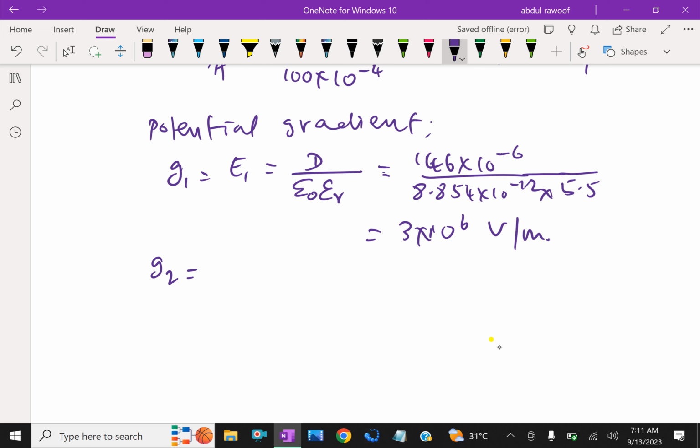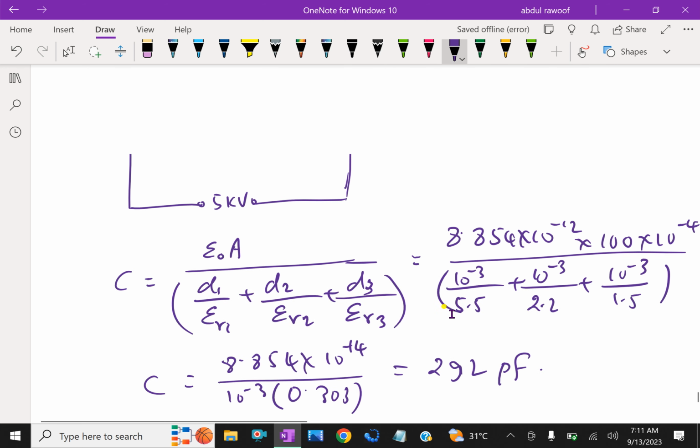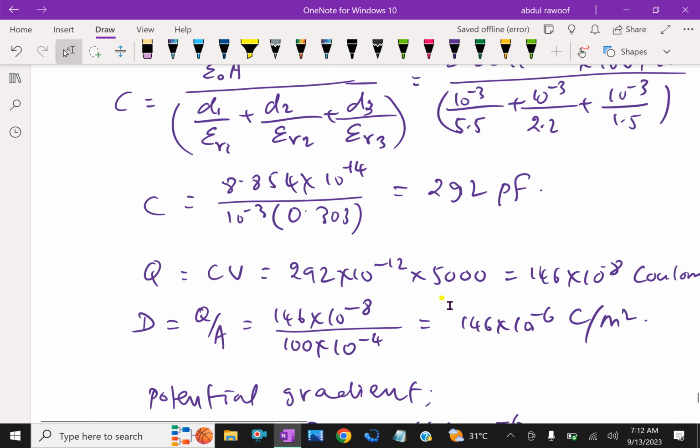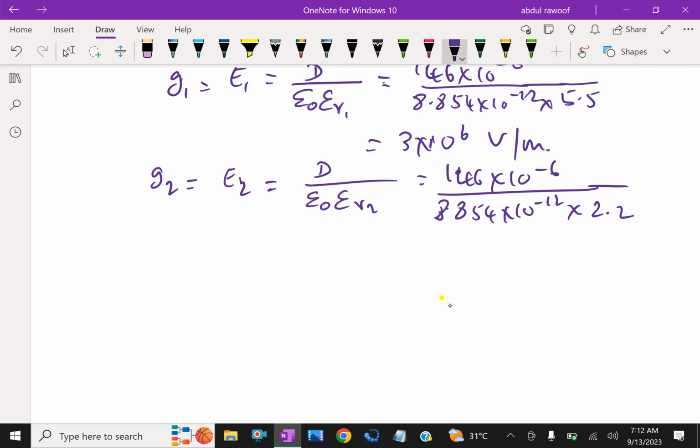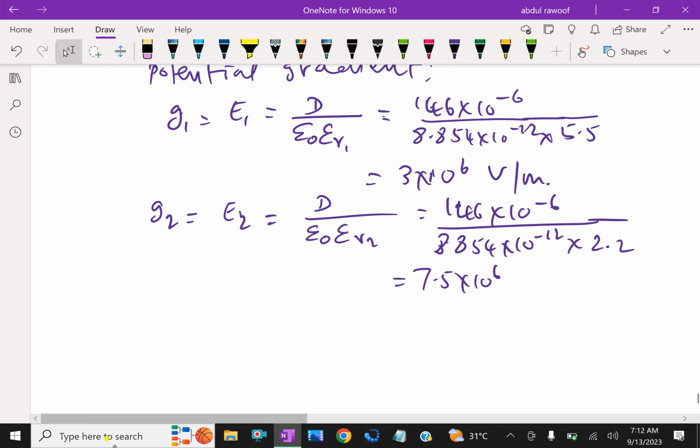Similarly, G2 is E2, which is equal to D by epsilon 0 epsilon R2, the same 146 into 10 power minus 6 over 8.854 into 10 power minus 12, with the relative permittivity of the second dielectric being 2.2. This gives G2 as 7.5 into 10 power 6 volt per meter.